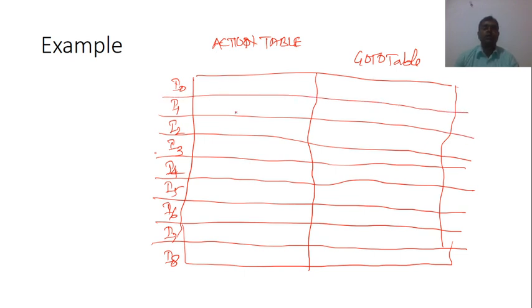Now the terminal symbols of the grammar become the columns in the action table. In this grammar the terminal symbols are plus, asterisk, id and one more terminal, that is dollar, that is always present in the table.